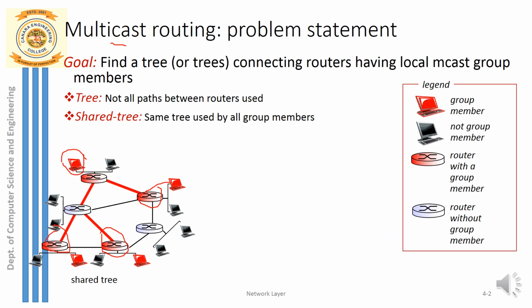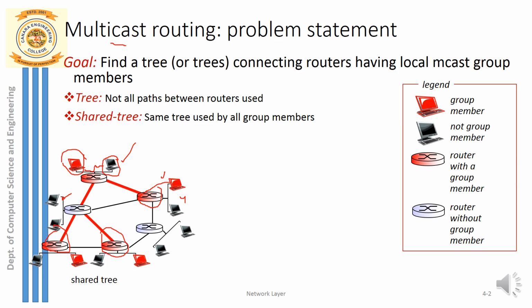What would be unicasting? If I send from this node to the other node, this becomes unicasting, one node to the other node. What is broadcasting? If I send from this particular node to all the nodes, first node here, second node here, and then third, fourth, fifth, sixth, seventh, eighth, ninth, 10th, all the other nodes, then it becomes broadcasting.